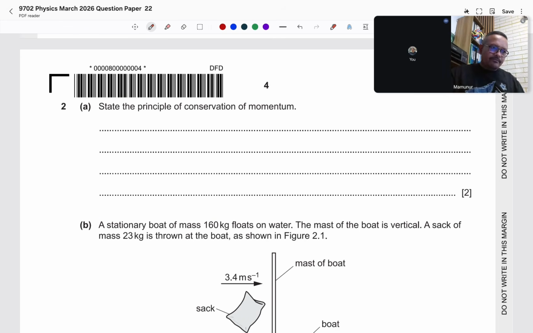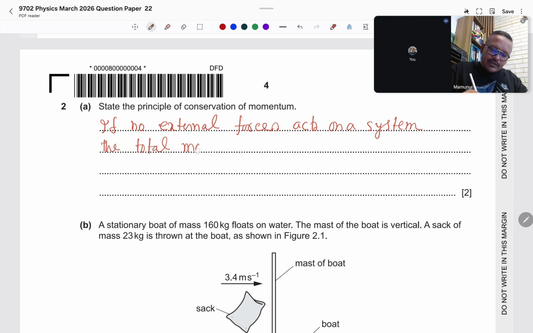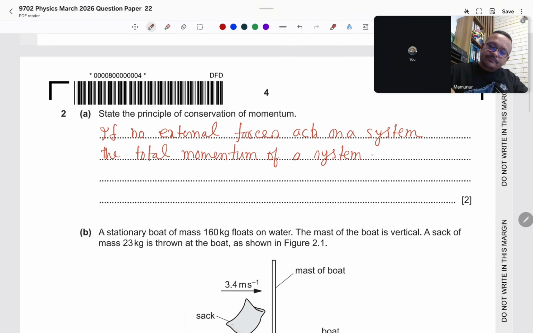So what we can write here: if no external forces act on a system, the total momentum of the system remains constant or is conserved. Okay.